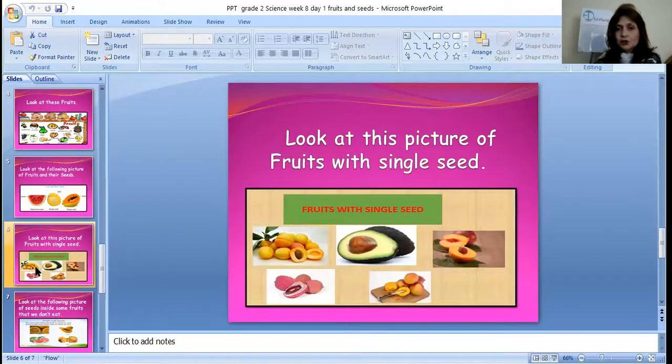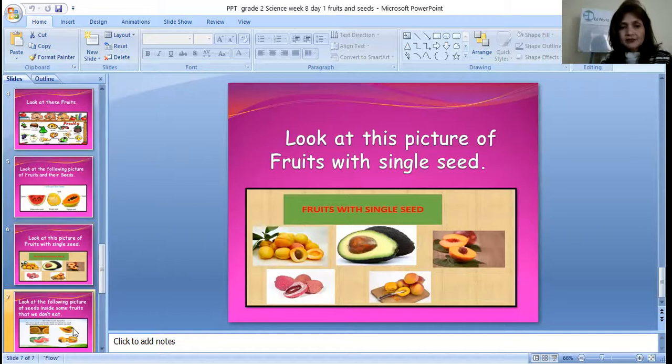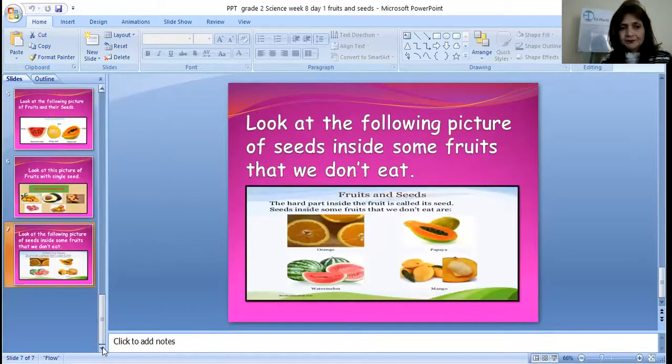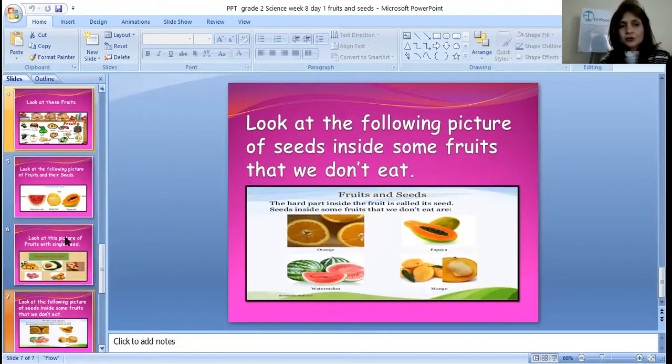Look at this picture of fruits with single seeds. Now these fruits have only one seed, right? These are plum, peaches. These are different fruits with only one seed. Okay, so now that means you have seen so many different pictures of fruits.